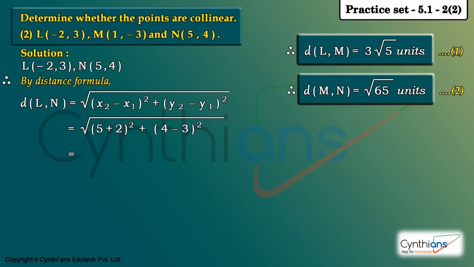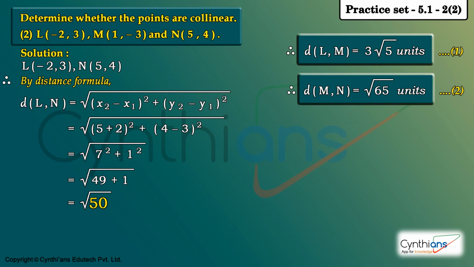Next step, equal to square root of 5 plus 2 the whole square gives me 7 square. Plus 4 minus 3 the whole square gives me 1 square. So this is square root of 7 square plus 1 square. Next step, equal to square root of 7 square is 49 plus 1 square is 1. Next step, square root of 49 plus 1 is 50. So this is root of 50.